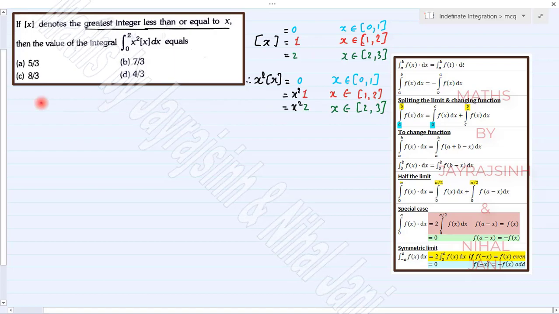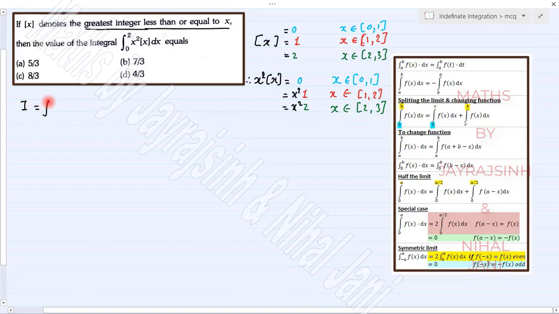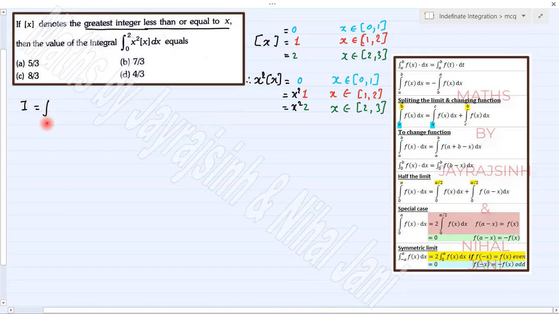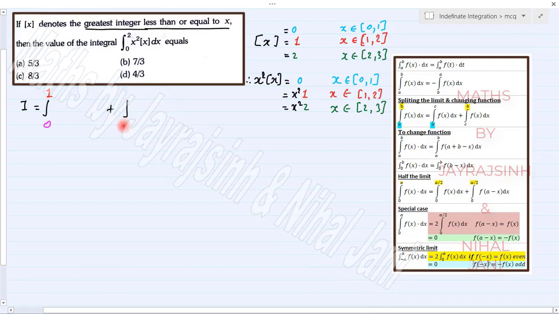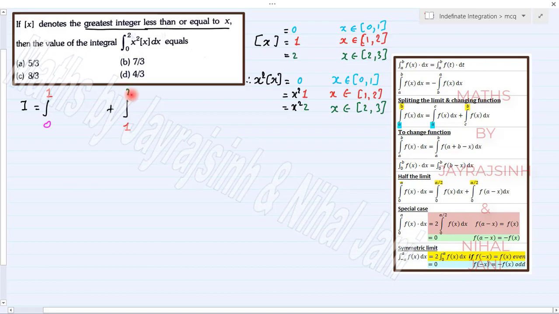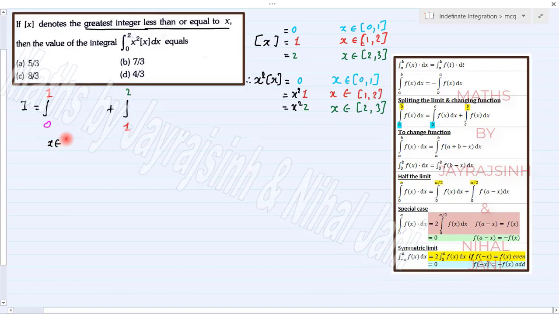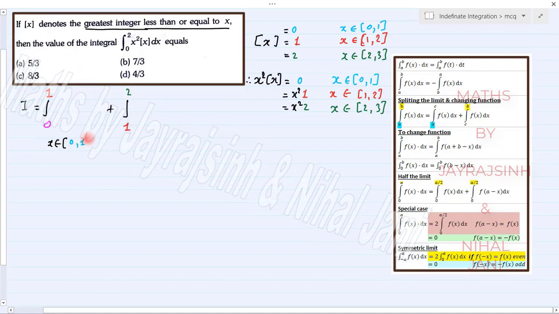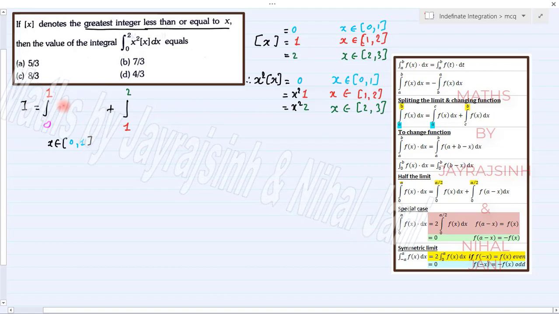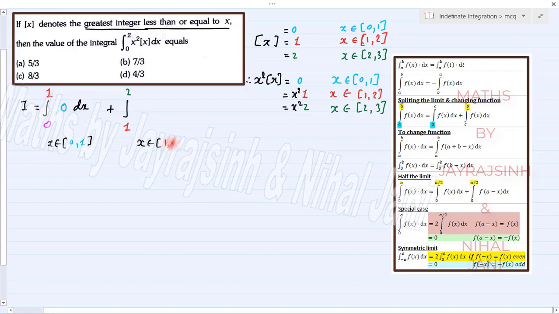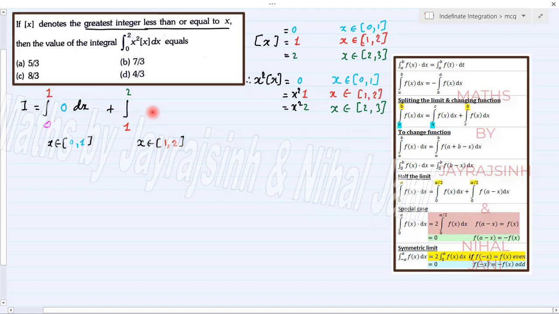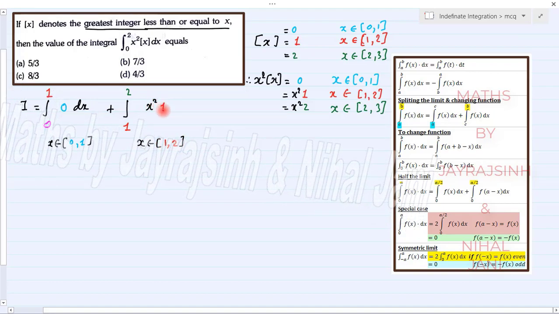So we can say we have to split our limit from 0 to 1 and from 1 to 2. Now when your x belongs to 0 to 1, your function must be 0, and when your x belongs to 1 to 2, your function must be x square into 1.